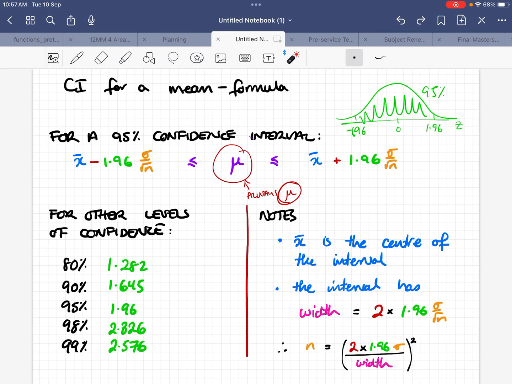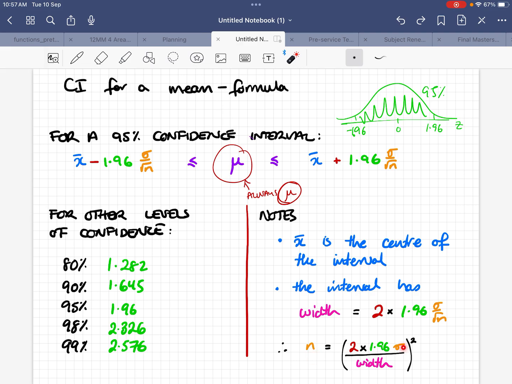Okay? And secondly, we can make some conclusions here about the width of the confidence interval. It's just 2 times this margin of error, 1.96 standard deviation over square root of n. And that can be useful. Oftentimes what we do is flip that around. More commonly, we'll want to know what a certain sample size is.